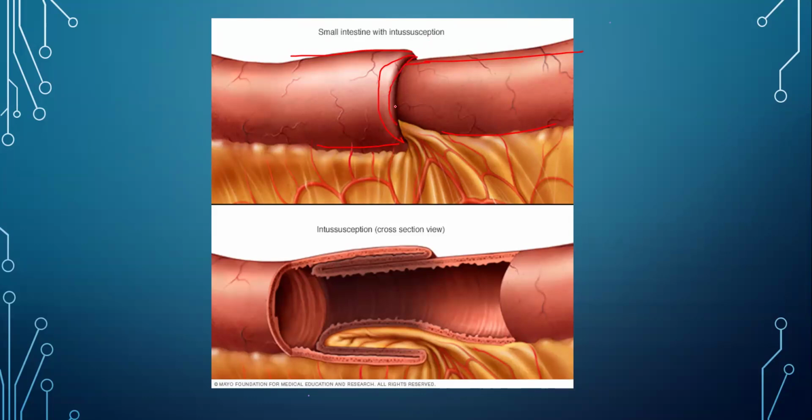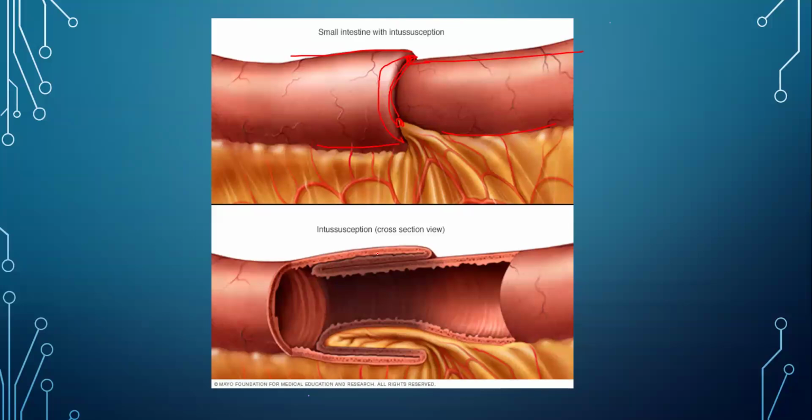Now, because it is quite tight over there, the blood supply to this part of the bowel can get cut off, and children can have extremely severe pain. They will have episodes of severe pain, and during that painful time, they will scream.